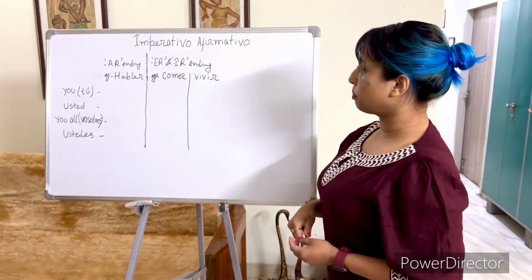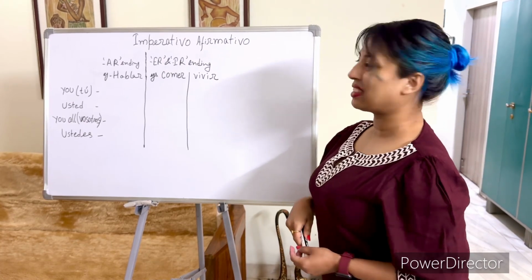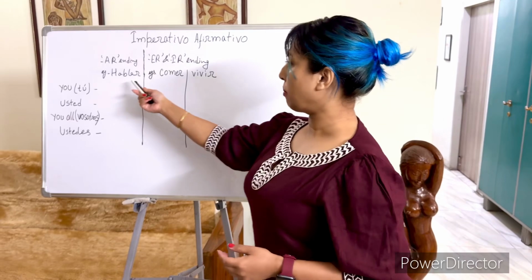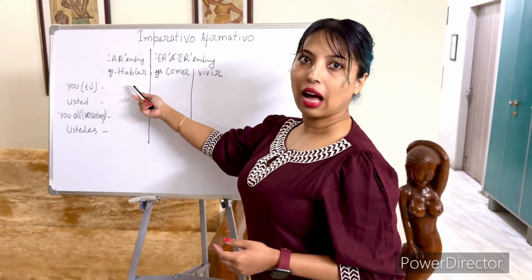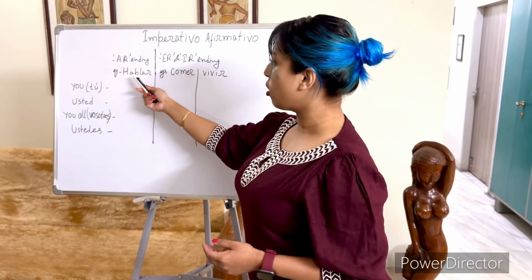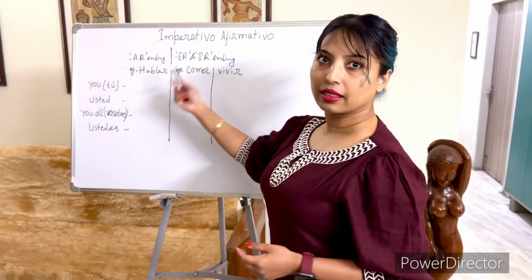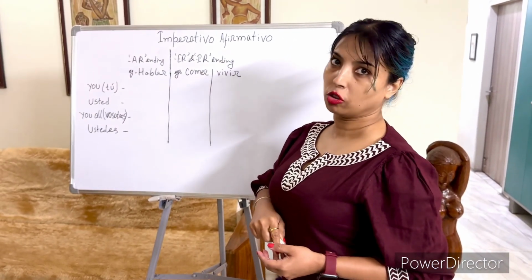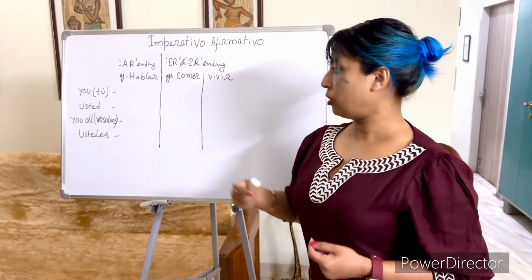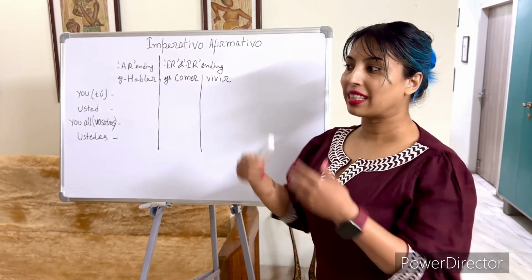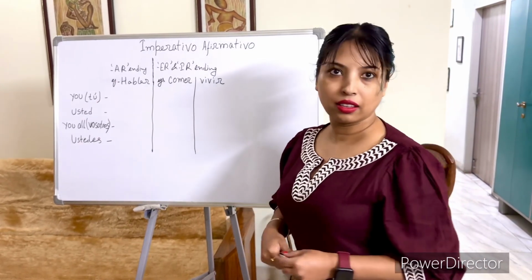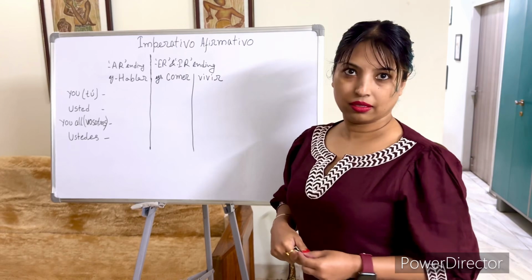The simple present tense, el presente, conjugation of hablar is hablo, hablas, habla, hablamos, habláis, hablan. So hablo, hablas, habla: the third person conjugation, the usted form conjugation. You are supposed to use that for the tú form of the command. Like if I want to say speak, where you is hidden over here, then I'll say habla, habla.